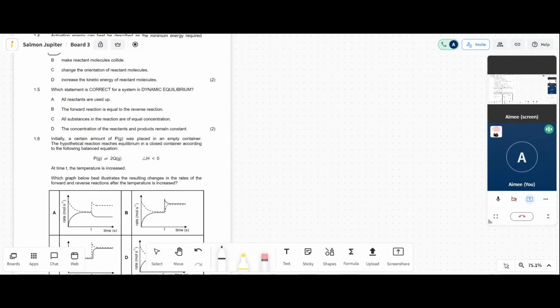Okay, so your best choice at this point is option D, because you've already eliminated the first three. And D says the concentration of the reactants and the products remains constant. Okay, and this is true, unless disturbed by some kind of external force, like a change in temperature, or a change in concentration, like a researcher manipulated change in concentration. So D is the answer for this one.